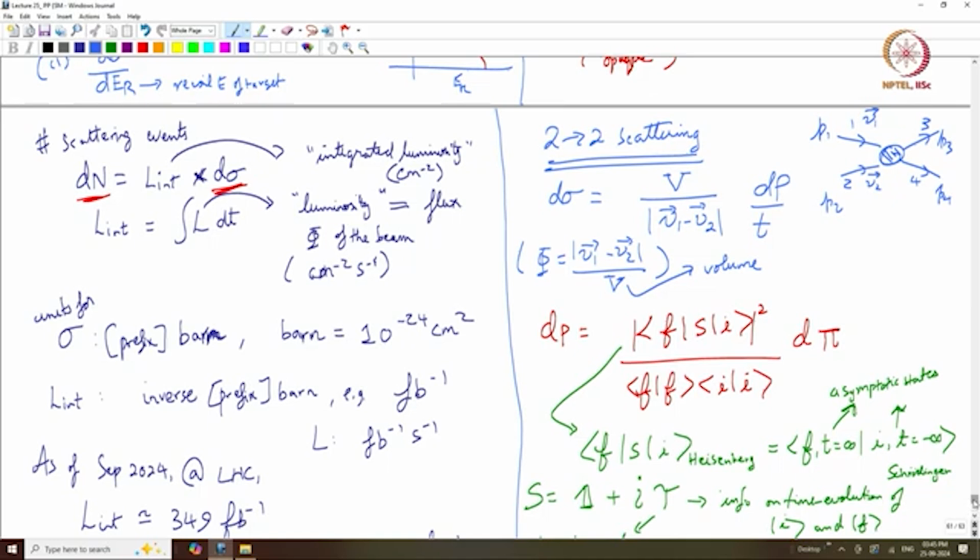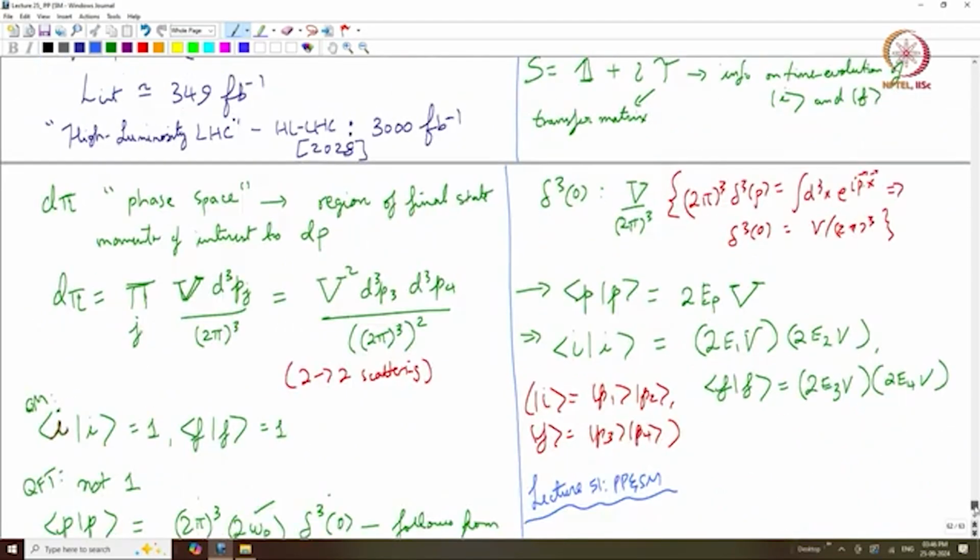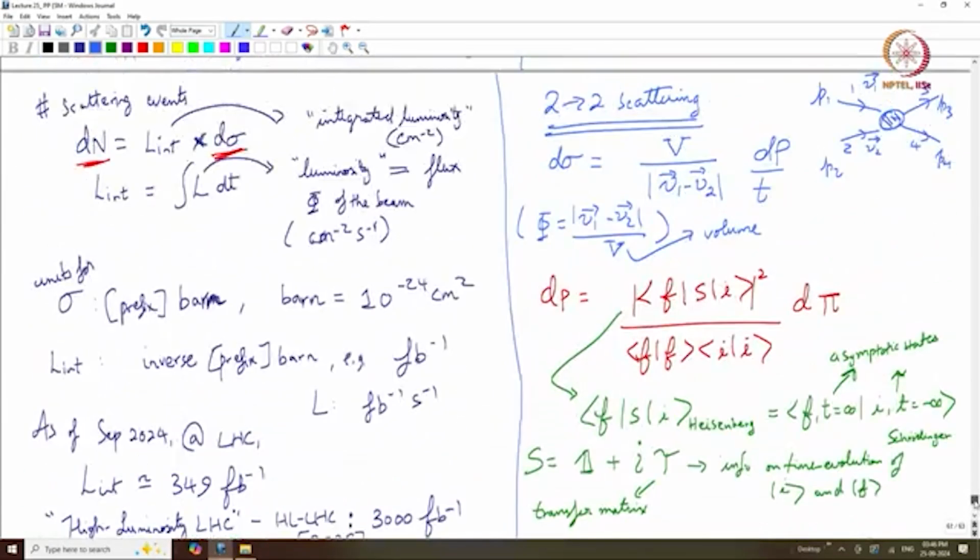That came from the notion of luminosity. The luminosity is a fancy name for just the flux of the beam. So, you integrate the flux over the time of the running of the beam, and that gives you the integrated luminosity, which is a measure of how much data you have to work with.